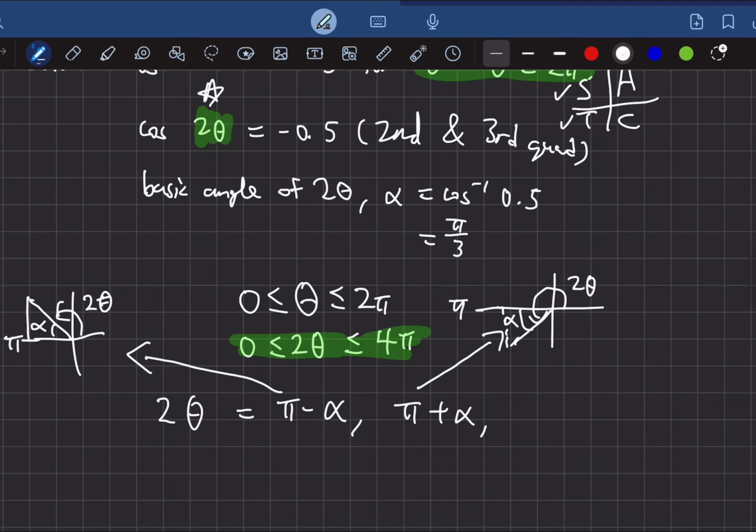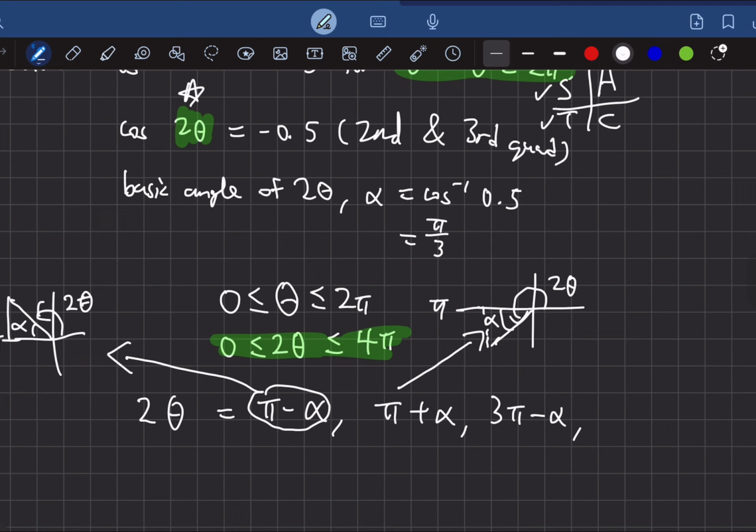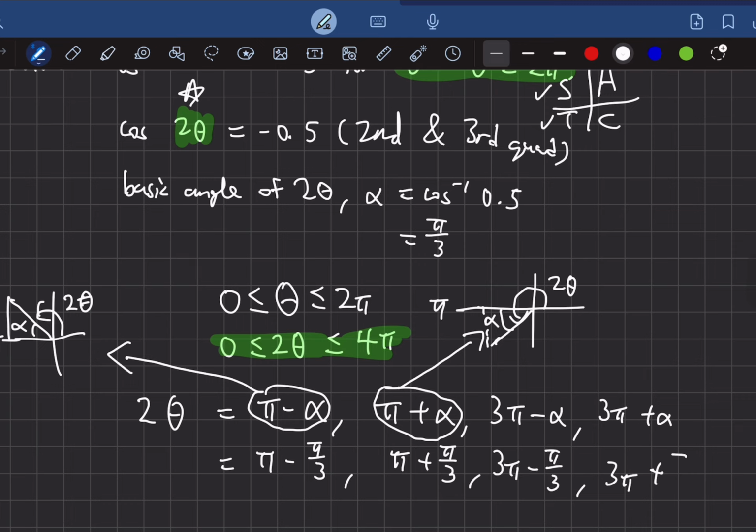Then first round already done. Second round is just add another 360, because it's second round, second quadrant, and second round, third quadrant. So we take this answer plus 2 pi. So it'll be 3 pi minus alpha. Then second round, third quadrant, we are using this to plus another 2 pi, which is 360. So it will be 3 pi plus alpha. So with all this, I'll have pi minus pi over 3, pi plus pi over 3, 3 pi minus pi over 3, 3 pi plus pi over 3.